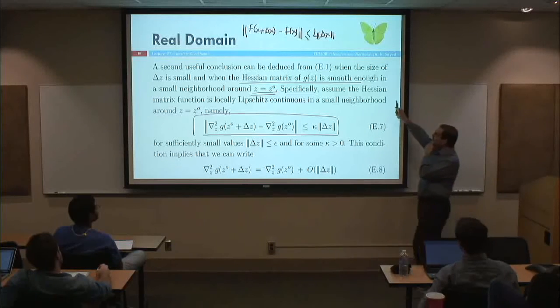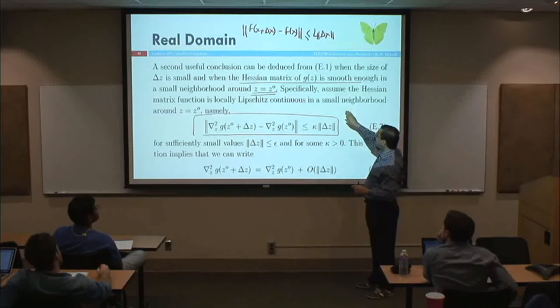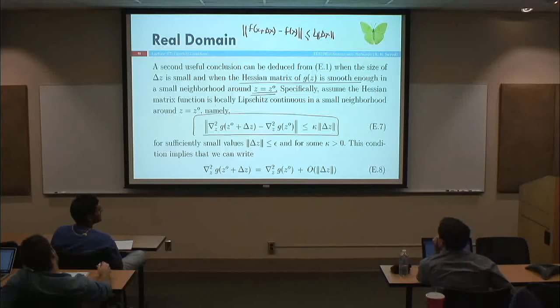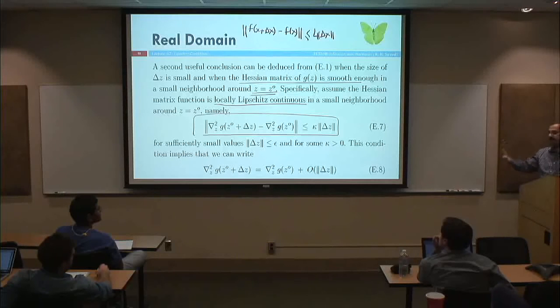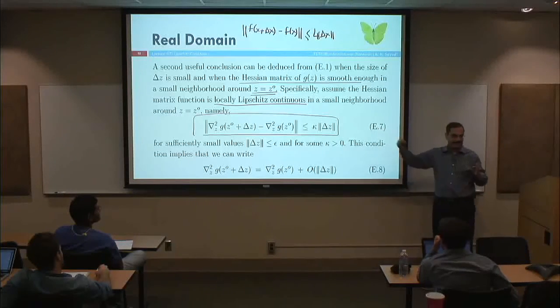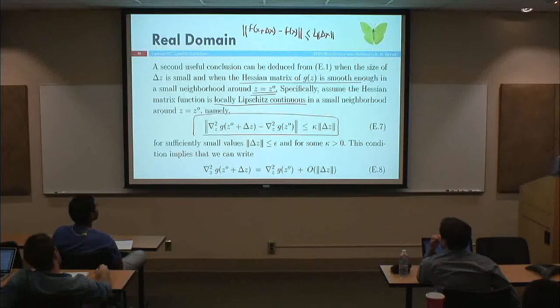Now, I'm saying here that I would like the Hessian matrix to be locally Lipschitz, or Lipschitz continuous if you want to be more precise, but I will not be pronouncing all these words all the time. Locally means I would like this property to hold close enough to Z0. That's good enough for us.